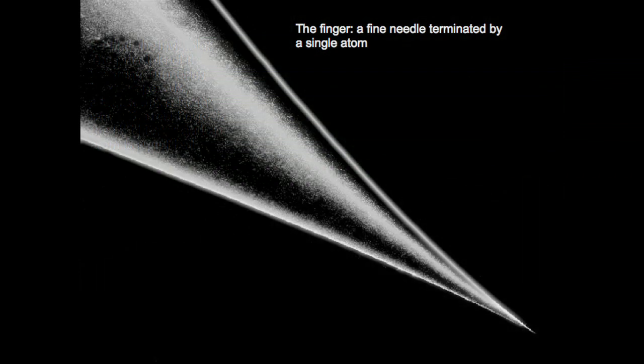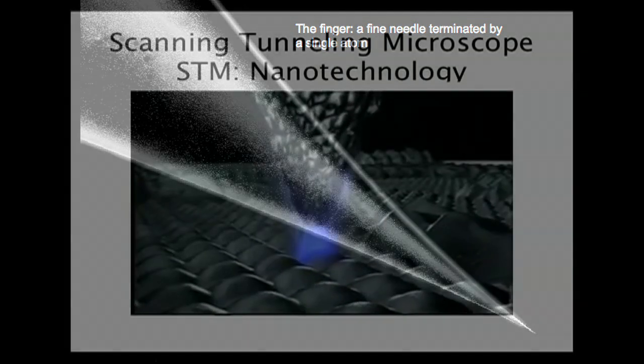The finger is actually a needle. This is a tungsten needle, which is terminated by a single atom. And one can approach the surface, and by using very advanced technologies, you're able to maintain the position of that tip above a surface to within about 1/100th of an atomic diameter.